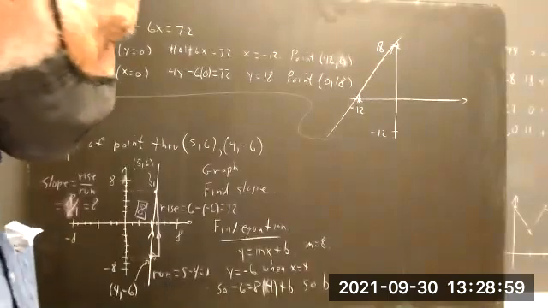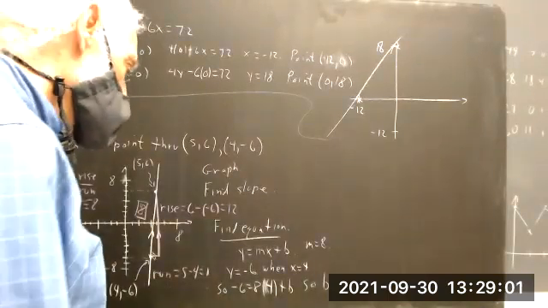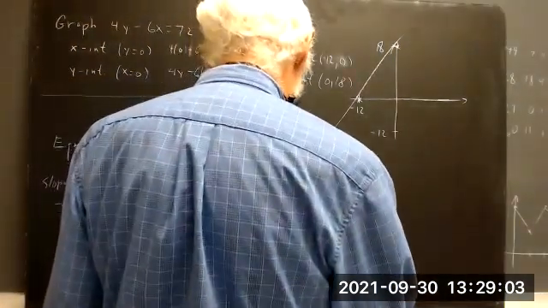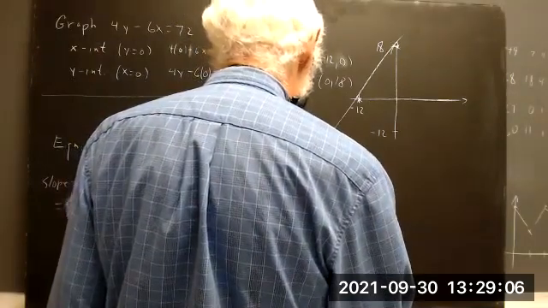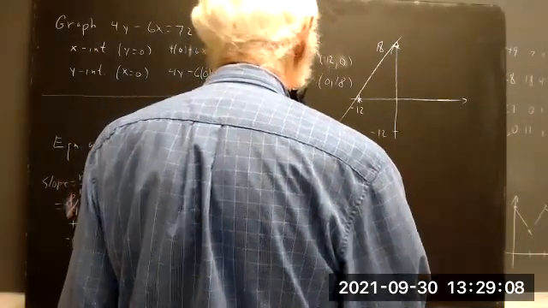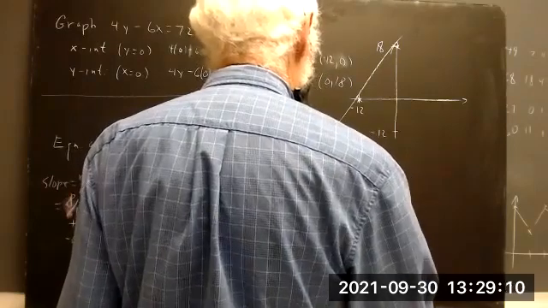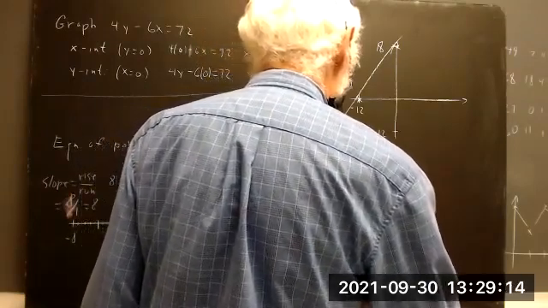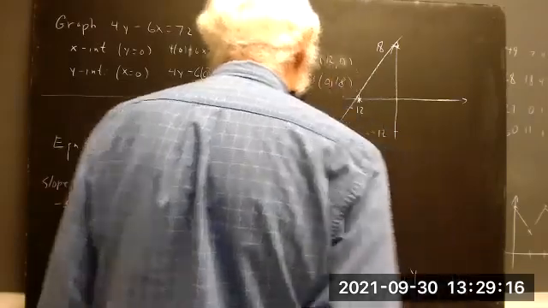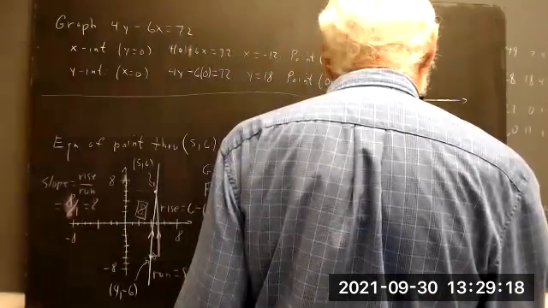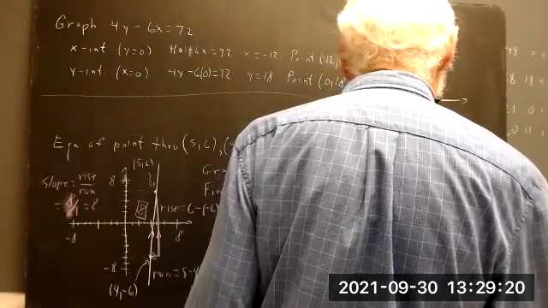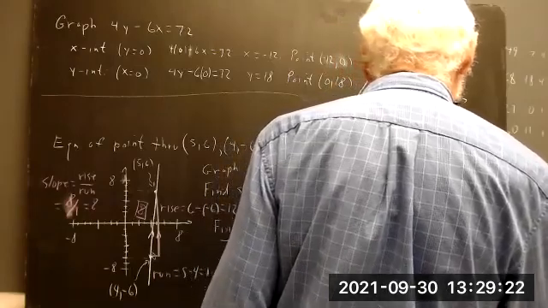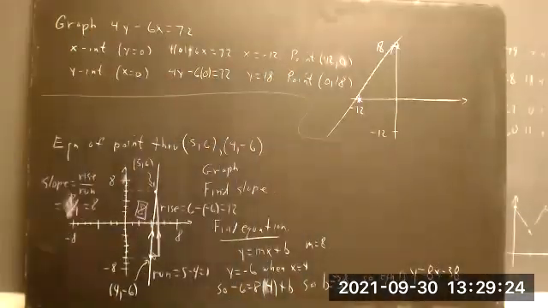That's 32, subtract 32 from both sides, you get b equals negative 38. So the equation is y equals 8x minus 38. Does that make sense?